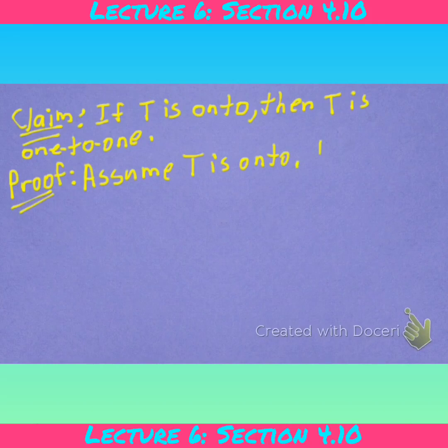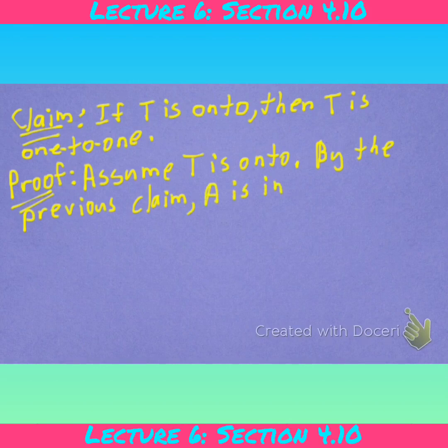By the previous claim, A is invertible. So how do we show T is 1 to 1?